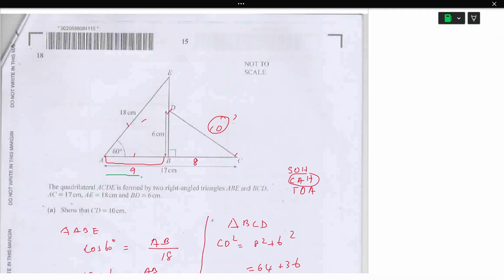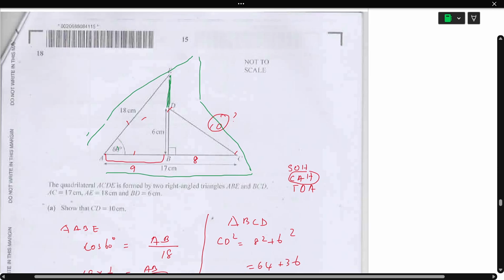A to C and C to D, and this entire length, and here, and here as well, this entire perimeter. For that, on the other side we don't have this ED, this line we don't have, so we need to find the ED. For that, again I'll go for triangle ABE.